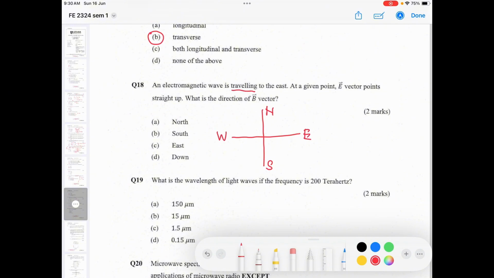Traveling to the east, these are the directions. E vector points straight up, so what will be the direction? The direction will be 90 degrees, so it will be going down here. South.